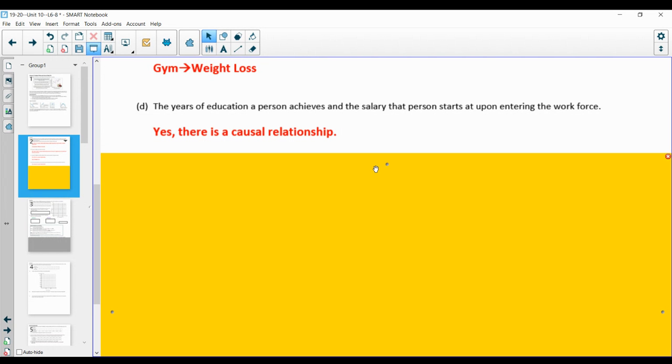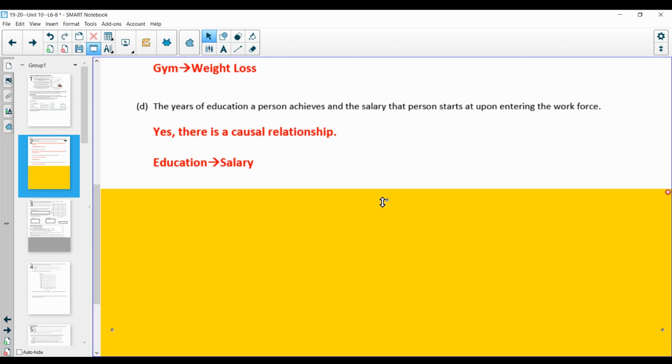Which causes which? Does the years of education cause my salary? Or does the salary cause my years of education? And I hope you would all agree that the education causes my salary. Okay, how much education I have determines what my salary will be.